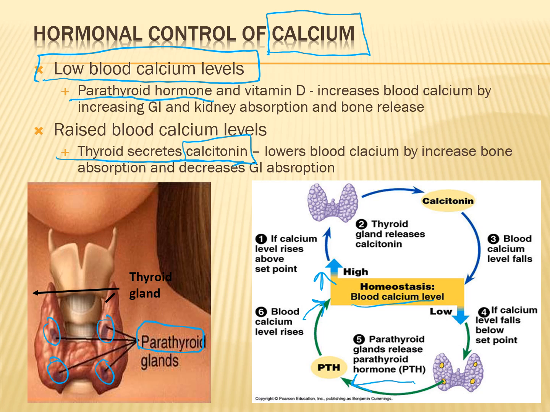It causes calcium to be excreted in the urine. It causes it to be taken up into bone. And so it lowers blood calcium levels and returns them back to normal. So those two hormones, calcitonin if blood calcium is too high, or parathyroid hormone if blood calcium is too low, work together to keep your blood calcium levels normal.